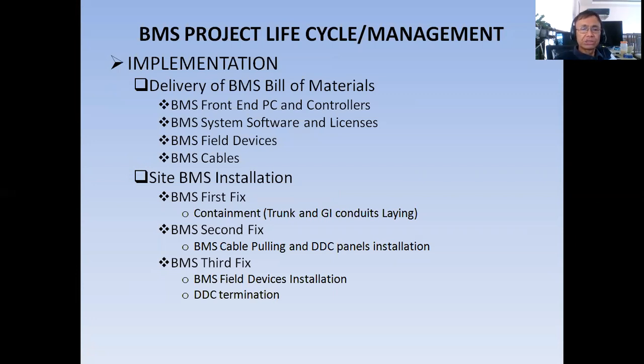You can start this BMS cable pulling and DDC panel installation in your second fix. Then BMS third fix: BMS field devices installation and DDC termination. Once you finish your BMS field devices installation, then you can start the termination of these field devices to the DDC panel.